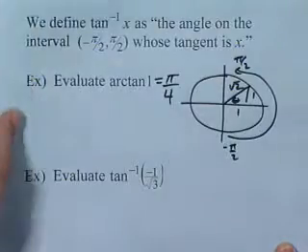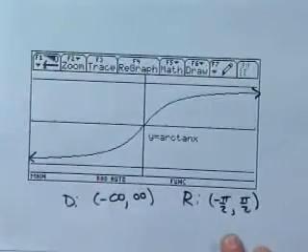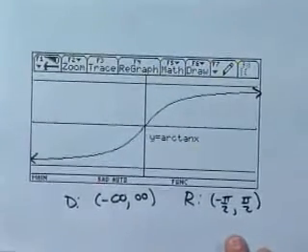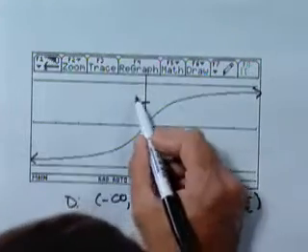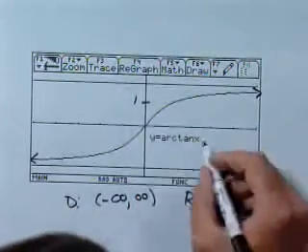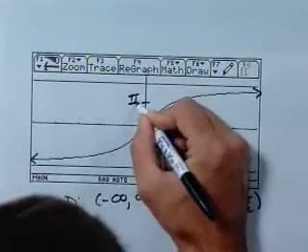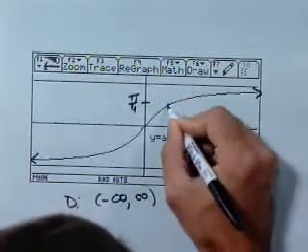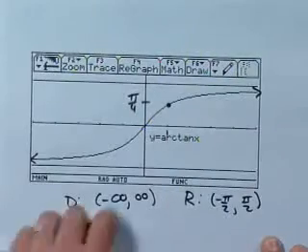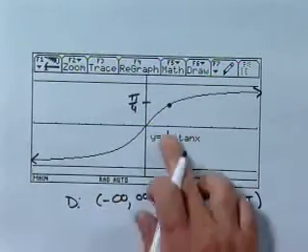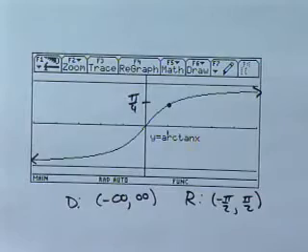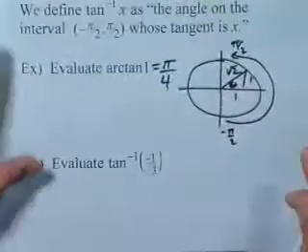If we look at our graph, the arctangent of 1 is going to be pi fourths. So we plug in a 1 into the arctangent function, and it will spit out a pi fourths. Let's try another one.